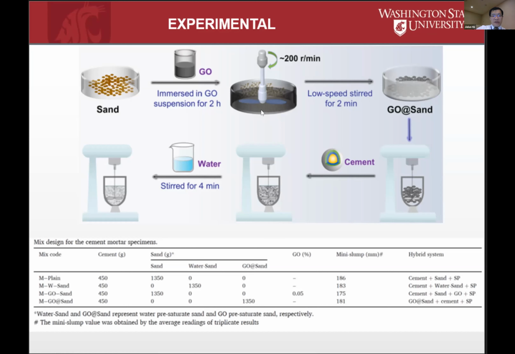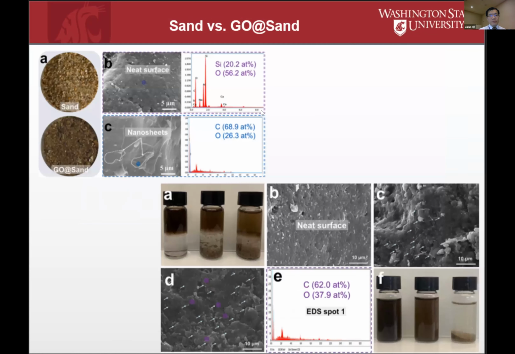We started with several different mix designs. The first one is plain, without any graphene oxide. The second is where we pre-wet the sand with water. The third is where we directly mix the sand, water, graphene oxide, and everything together. The very last one is where we pre-treat the sand. We call it graphene oxide at the sand surface.